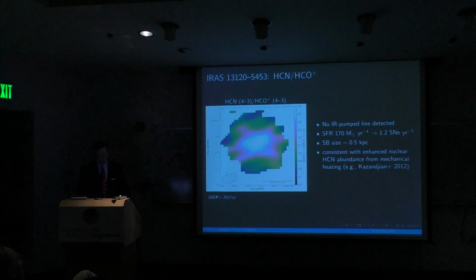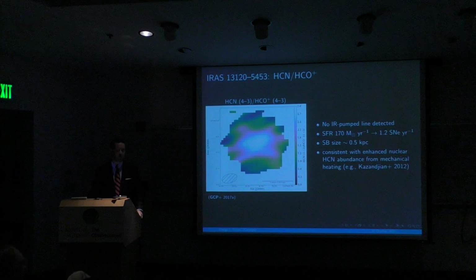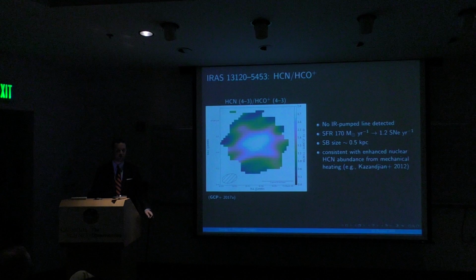I won't say that this is the final word on this. This is only one transition, so we can't really reliably separate abundance and excitation effects. But at least this is a consistent argument that shock heating or mechanical heating of clouds can produce these enhancements in the center, and that we basically don't have to rely on any AGN to explain the line ratios.